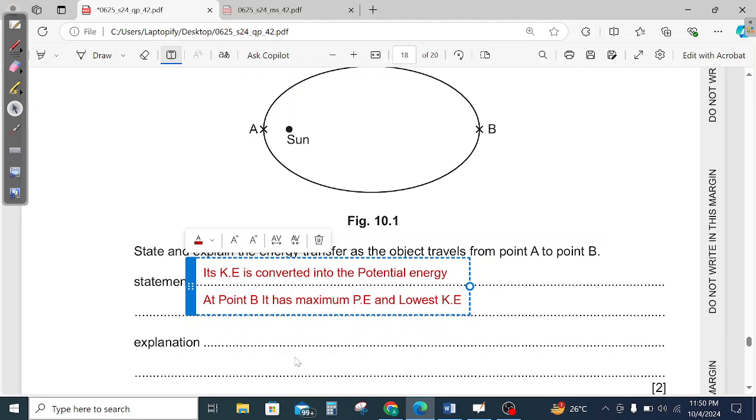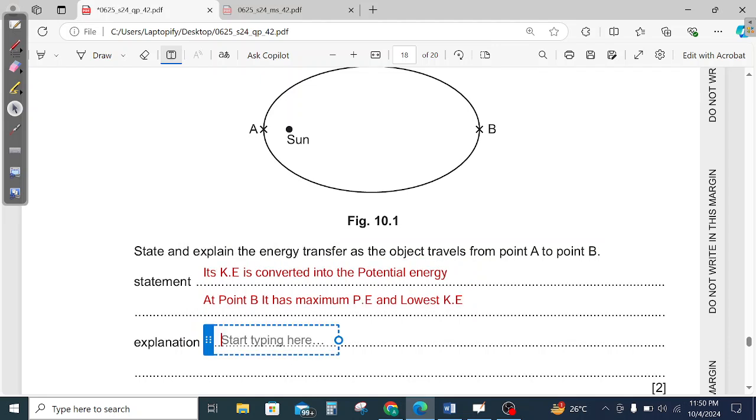So the explanation is that the total energy remains conserved. Is it clear now?